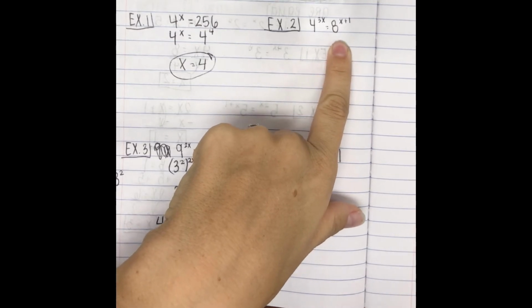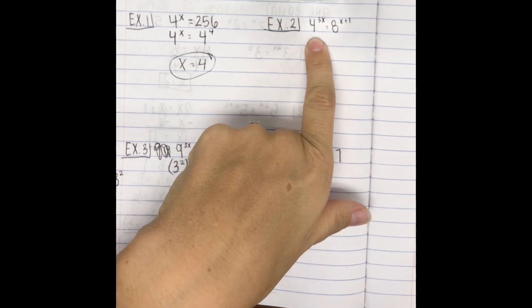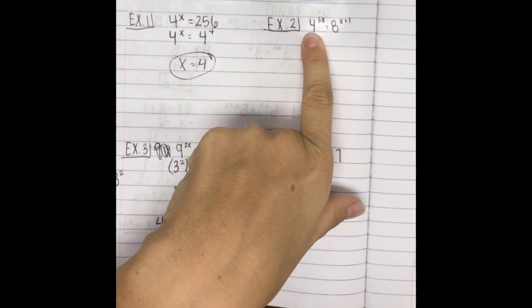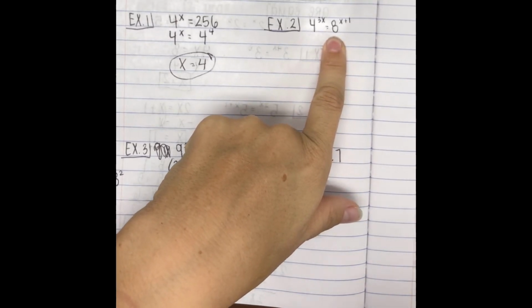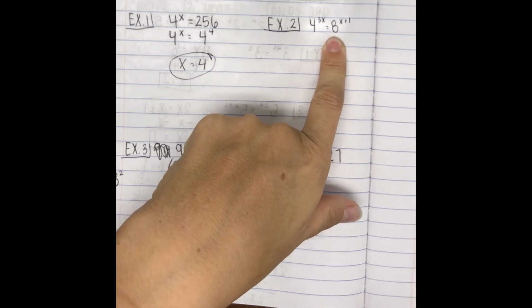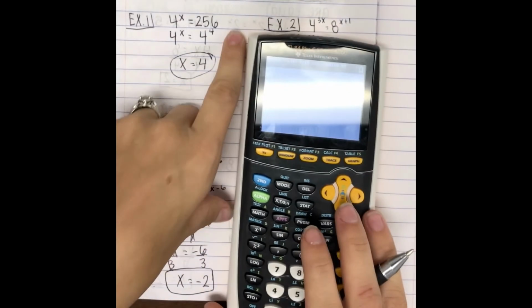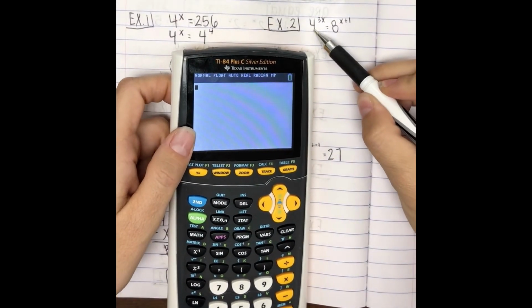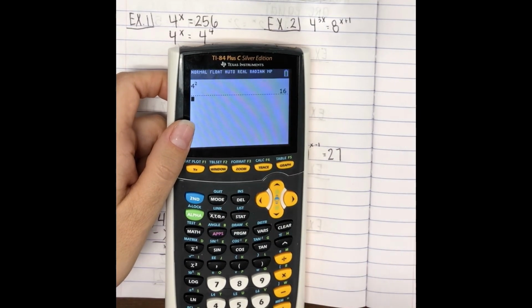So is there any way to rewrite 8 to have a base of 4? We know 4 times 2 would be 8, right? But that doesn't mean I can rewrite it to have a base of 4. So what I mean is, is there anything I can raise 4 to equal 8? 4 squared is 16.